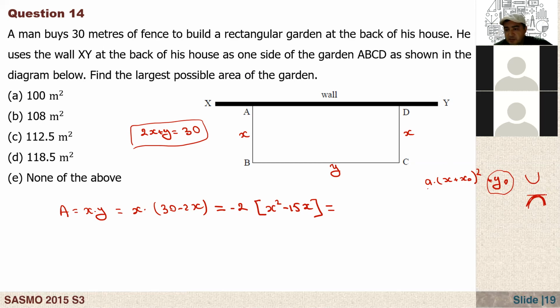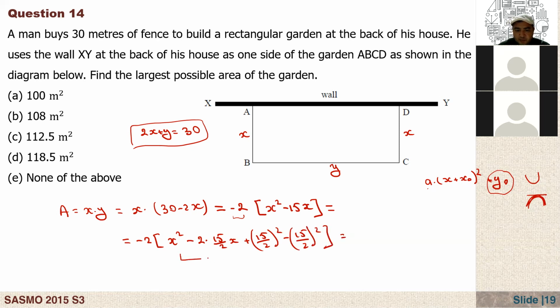Since we are talking about the maximum value, A is negative here. So here we have minus 2 times X squared minus 15X, which is 2 times 15 over 2 times X. So I need the square of this number: 15 over 2 squared minus 15 over 2 squared.